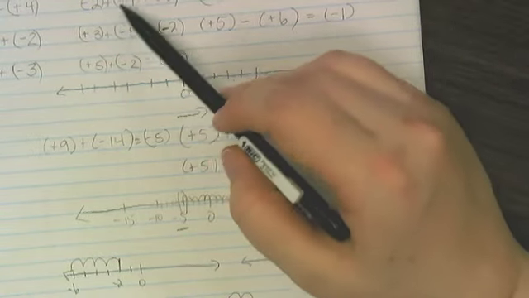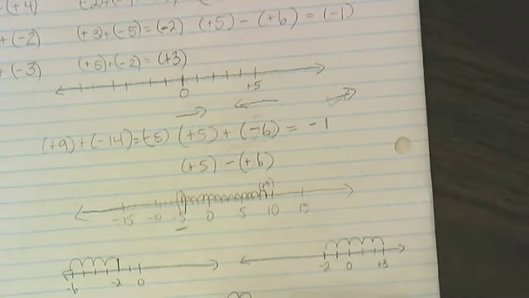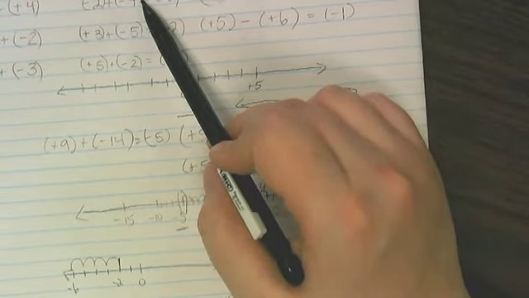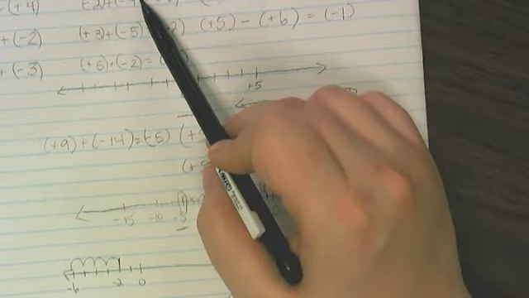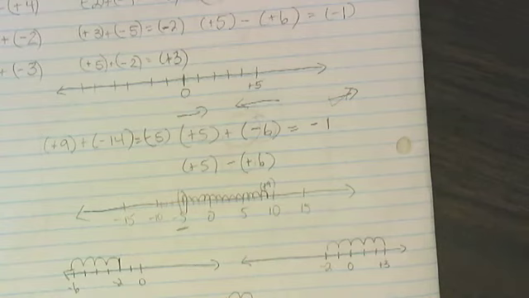Now, -2 plus -4. Is our answer going to be positive or negative? Negative. There's no positive numbers here, so it has to be negative. Because they're the same, we're not looking for the difference now. We're looking for the sum of the two numbers. We just keep going in the same direction we were going.